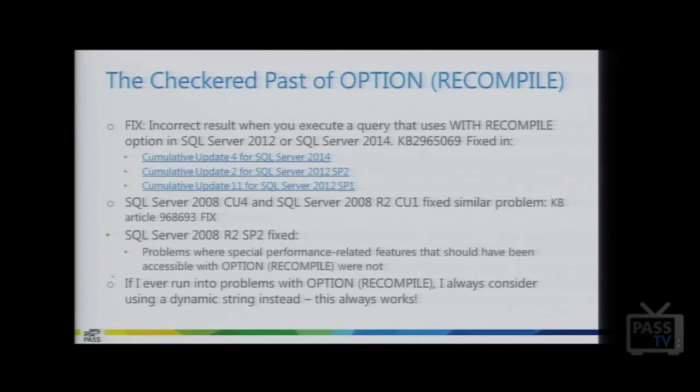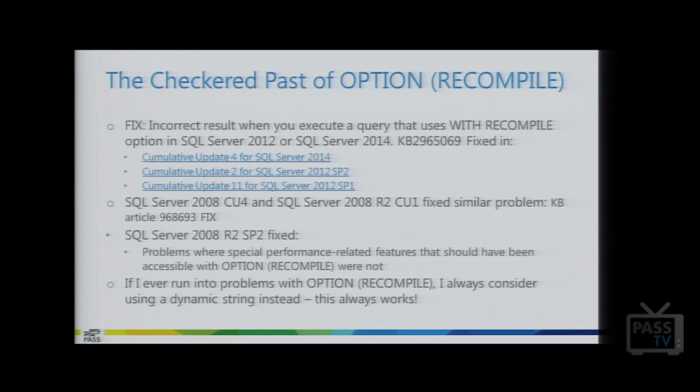So here's my checkered past of option recompile. Part of the reason why, half an hour before my session, I have not seen this particular bug in 2014, but somebody did blog about an hour before my session that there are new bugs. They're actually regressions, very similar to the bugs that were in 2008 and 2008 R2, although there were more bugs in 2008 R2.